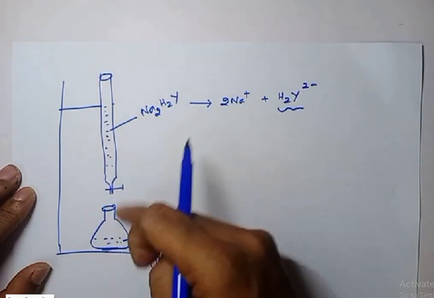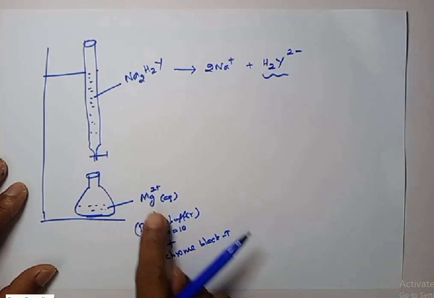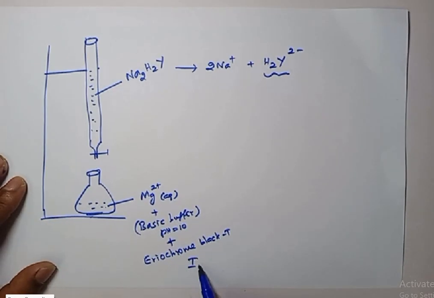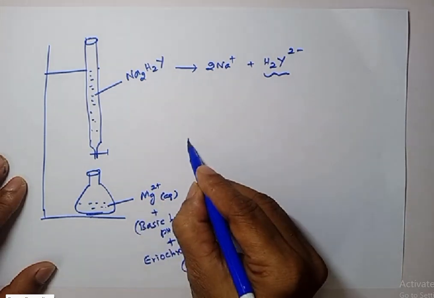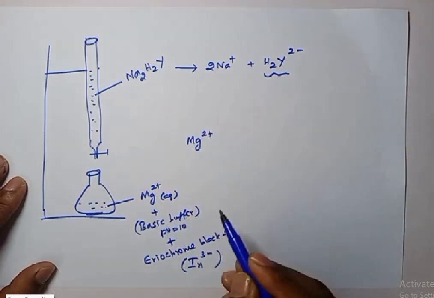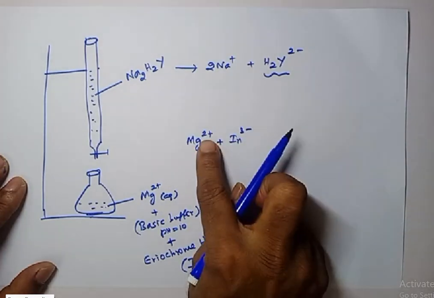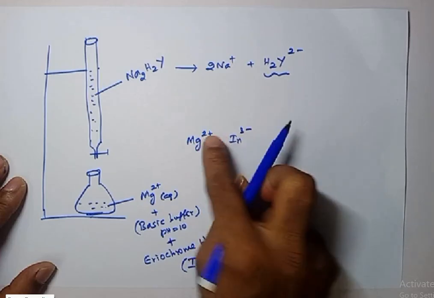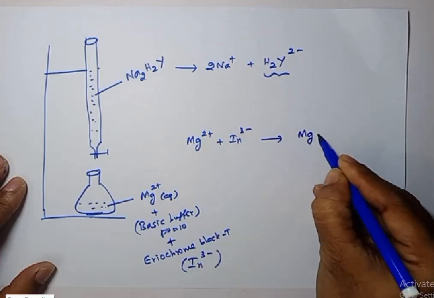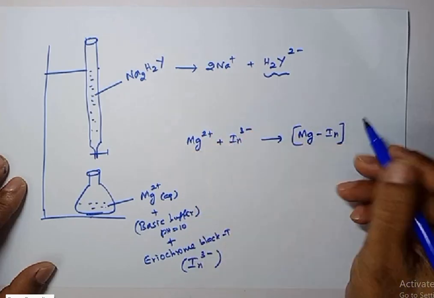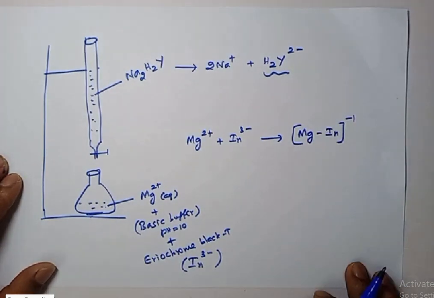Before adding the titrant to the conical flask, first the magnesium ion combines with the free indicator, usually denoted as In3-. Let me write here, Mg2+ combines with the indicator. This 2 plus and this 3 minus combine to give the magnesium indicator complex. Now, what is the charge? Plus 2 minus 3 gives minus 1. This is the net charge.